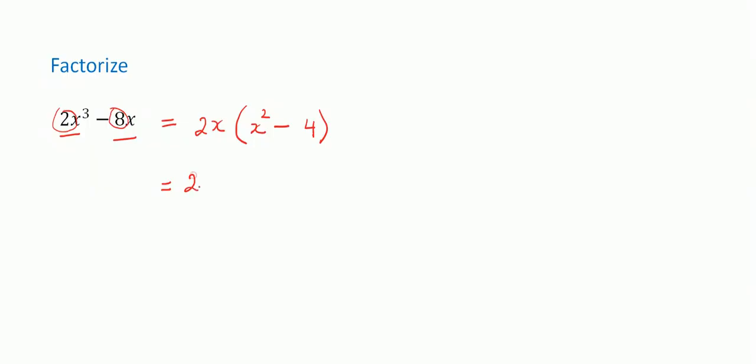So this will be 2x open brackets, and x squared minus 4 can be written as x squared minus 2 squared, which is the difference of two squares. When we factorize the difference of two squares, that becomes x plus 2, x minus 2. So therefore this expression now becomes 2x(x plus 2)(x minus 2).